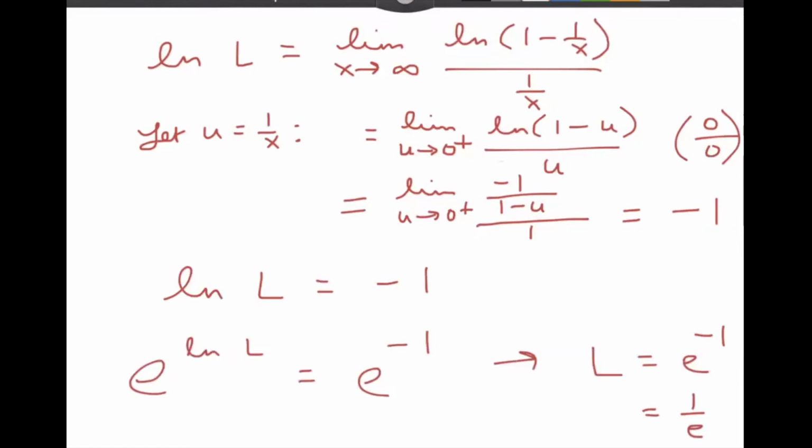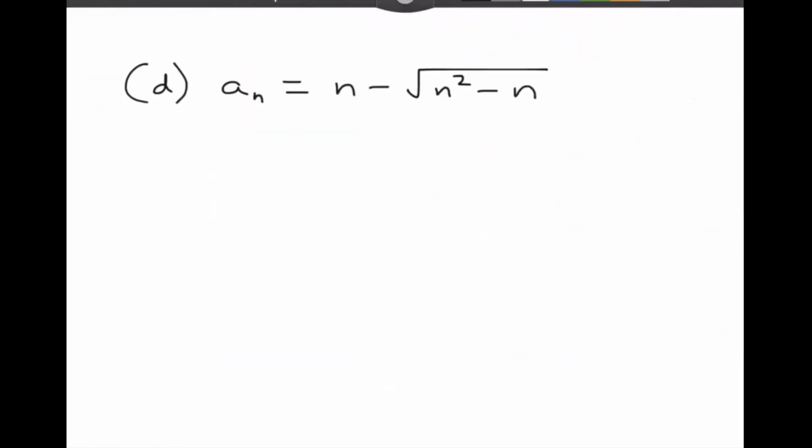All right, last example in this batch. A sub n is equal to n minus the square root of n squared minus n. All right, this is a kind of tricky one. Even checking the form is a little tricky. Remember, one of our indeterminate forms is infinity minus infinity.